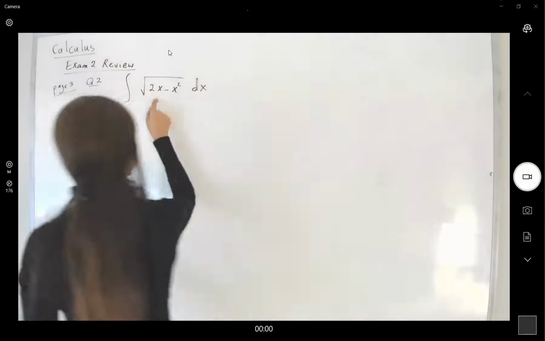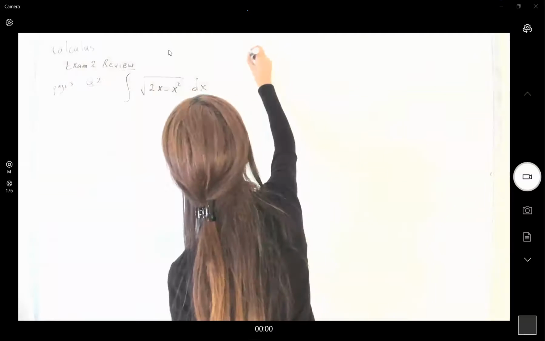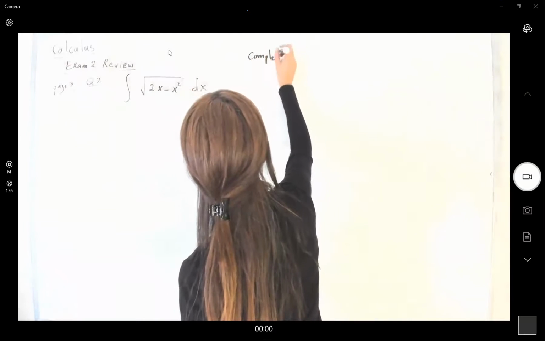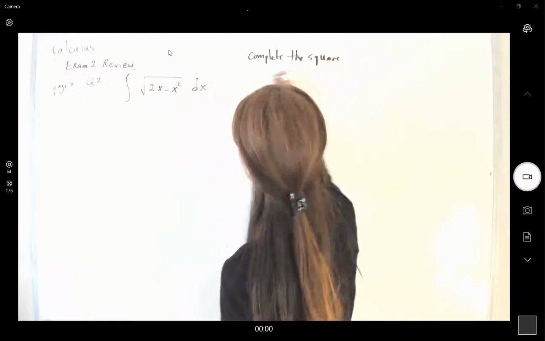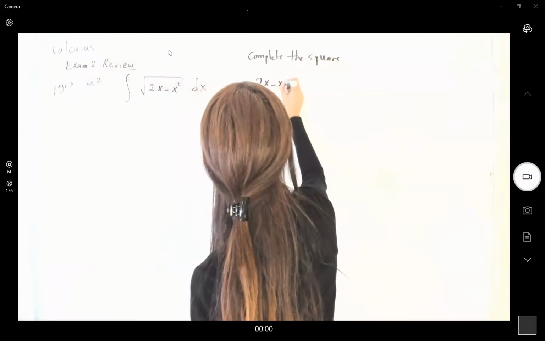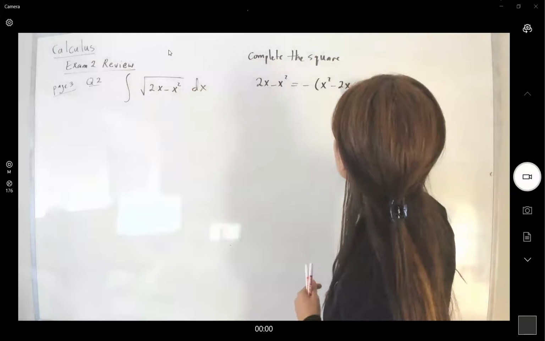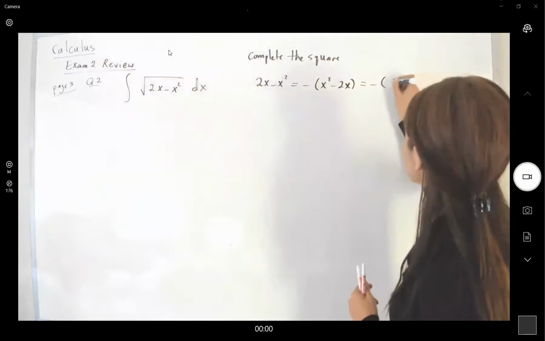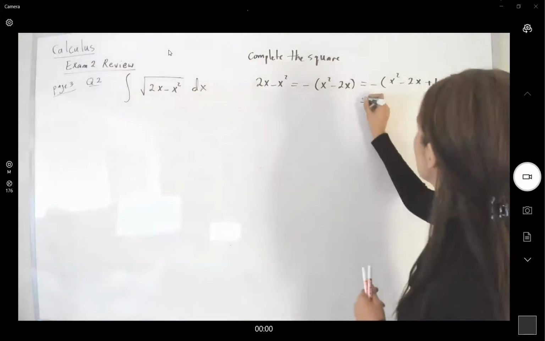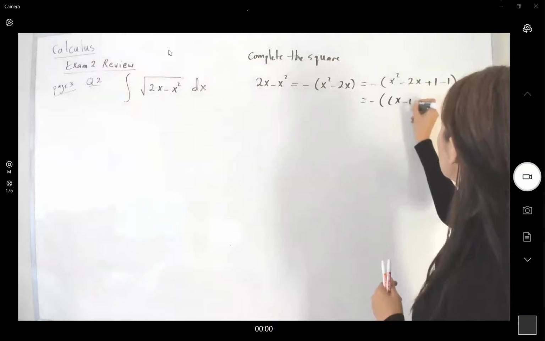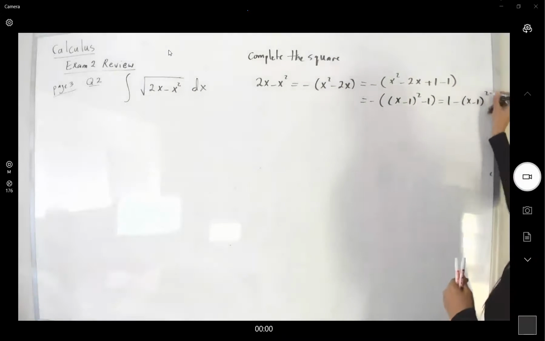For this problem, first we have to complete the square. We have 2x minus x squared, which can be written as negative x squared minus 2x, which can be written as negative x squared minus 2x, plus 1 minus 1, which is negative x minus 1 squared minus 1, or 1 minus x minus 1 squared.